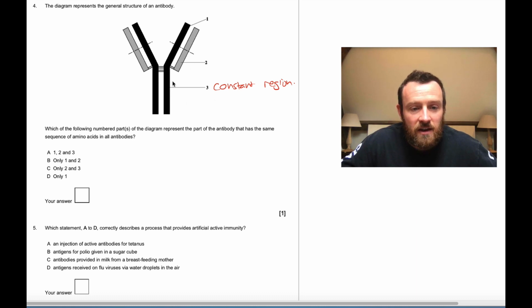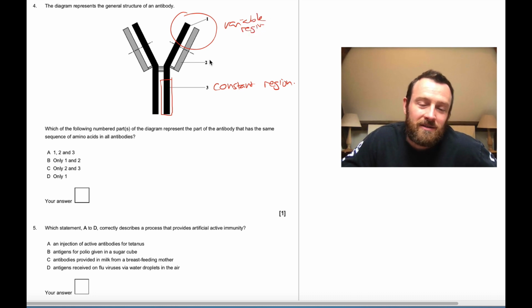This definitely has the same region. This up here is the variable region. So this is a bit of a tricky one because of 2. What's 2 pointing to? Is it pointing to this specific part or is it pointing to the whole chain? I think it's pointing to this specific part, in which case that is also part of the constant region.